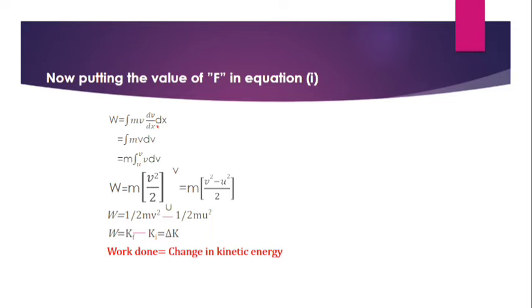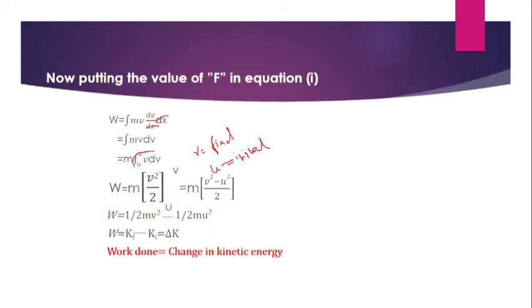Here dx gets cancelled and we get the integration of m v dv, which is m times the integration of v dv, where the upper limit is v and the lower limit is u. Here v implies the final velocity and u implies the initial velocity.